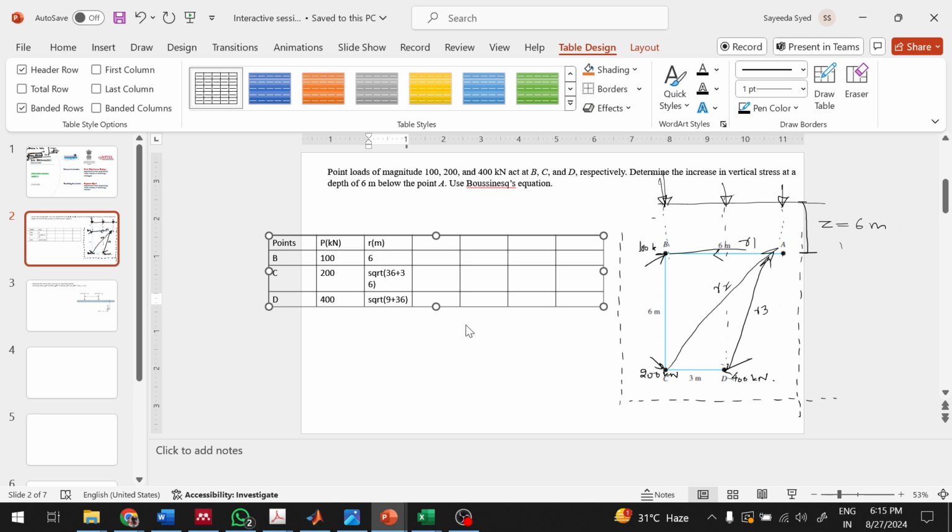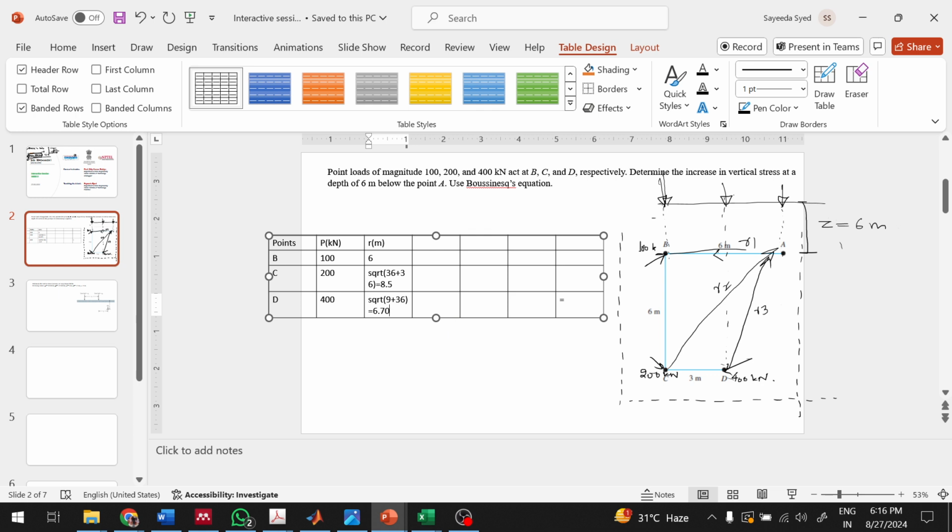Let's calculate that. This will be almost 8.5 meters, and this will be 6.7 meters.